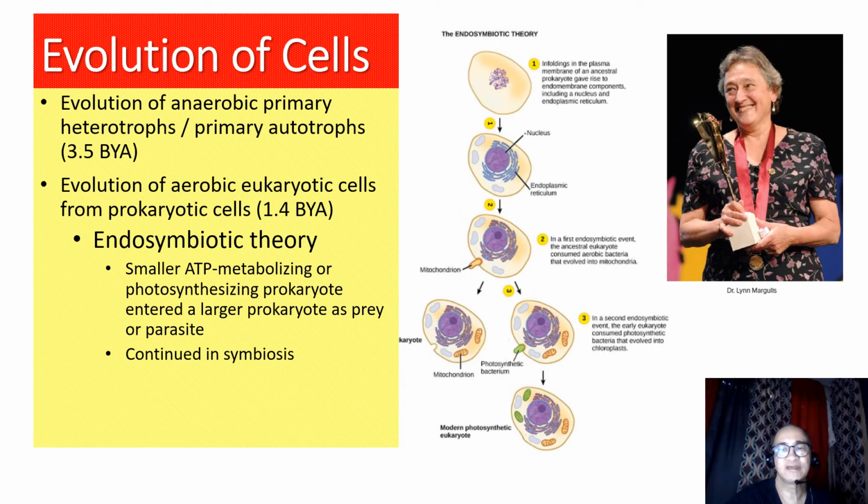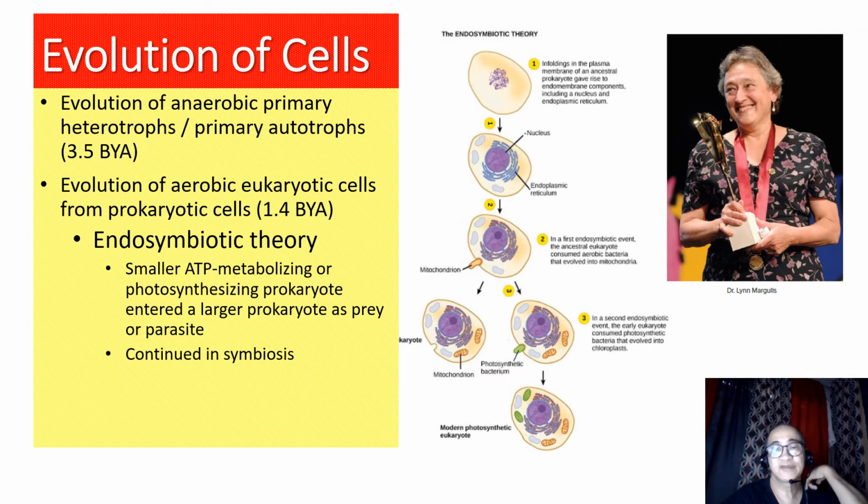The picture shown here of the person is Lynn Margulis, who popularized the endosymbiotic theory. The figure shown to the left of the picture of Miss Margulis is the diagram showing the evolution of the eukaryotic cells from prokaryotic cells.